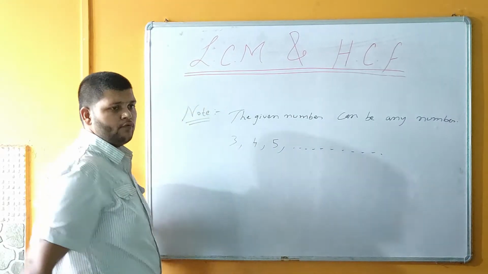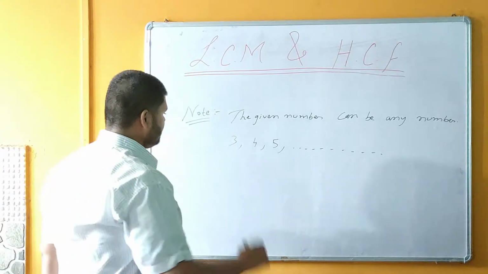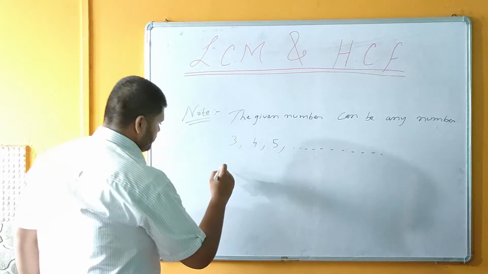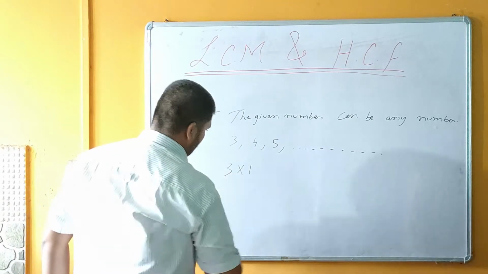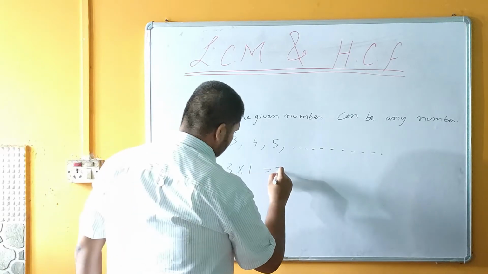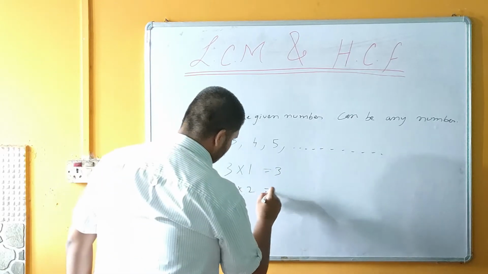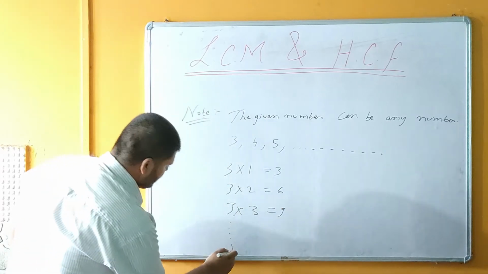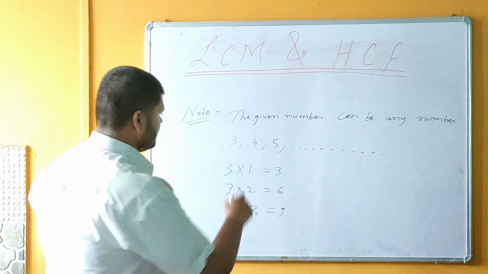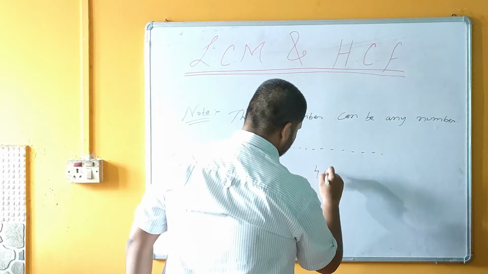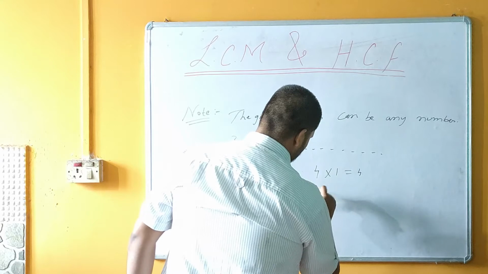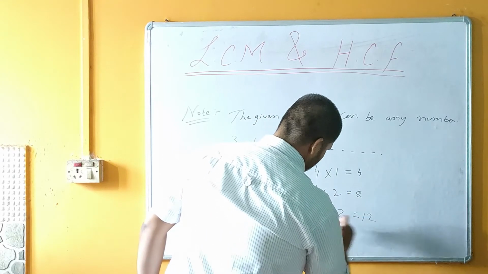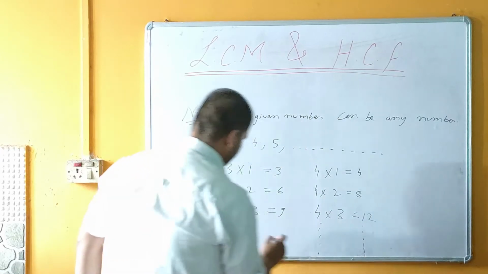So suppose if you want to write the table for 3, then you need to multiply this 3 every time by the natural number. We know that natural numbers start from 1. So 3 into 1 is 3, 3 into 2 is 6, 3 into 3 is 9. In this way, it will continue up to infinity. Similarly, you can go for 4: 4 ones are 4, 4 twos are 8, 4 threes are 12. It will also continue up to infinity.